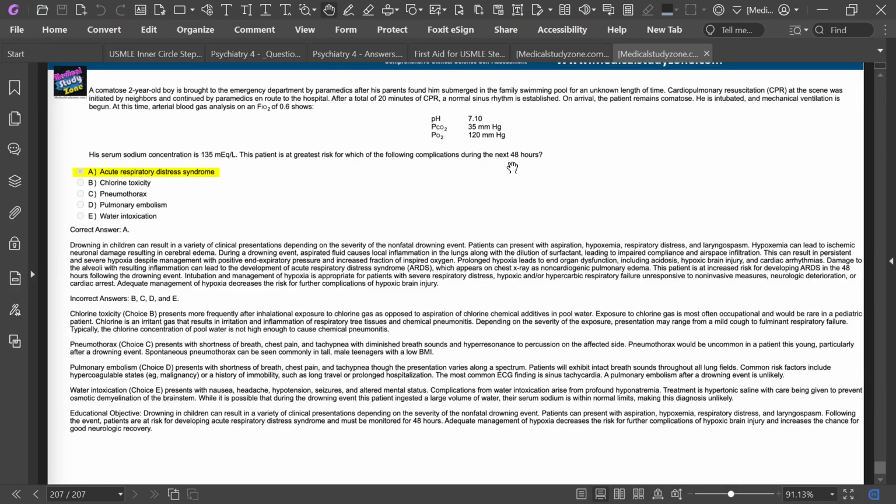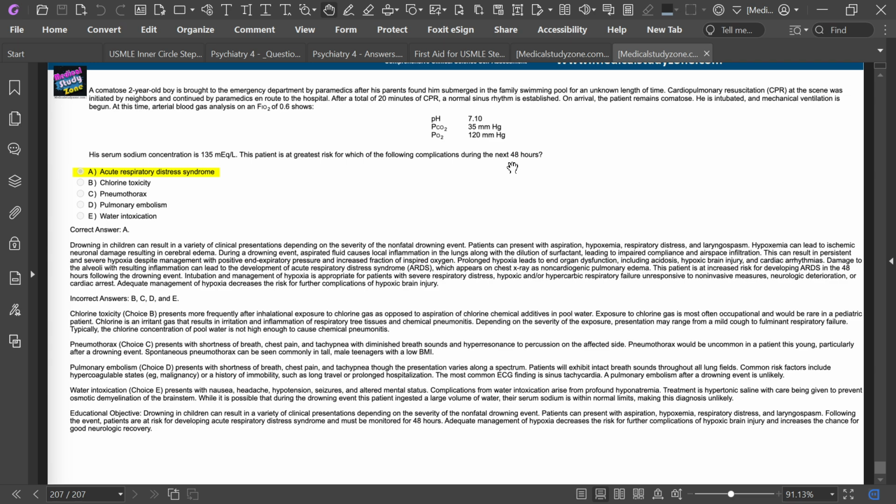Prolonged hypoxia leads to end organ dysfunction including acidosis, hypoxic brain injury, and cardiac arrhythmia. Damage to the alveoli with resulting inflammation can lead to development of acute respiratory distress syndrome, which appears on chest X-ray as non-cardiogenic pulmonary edema.